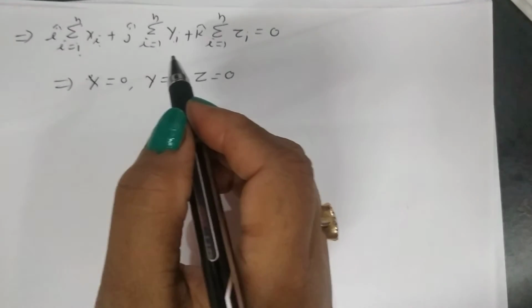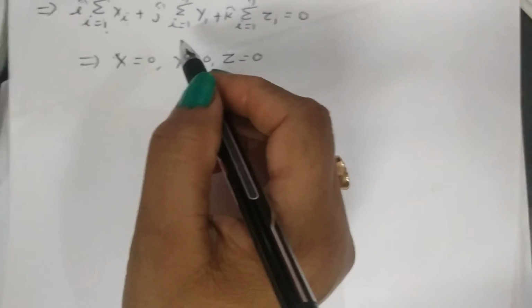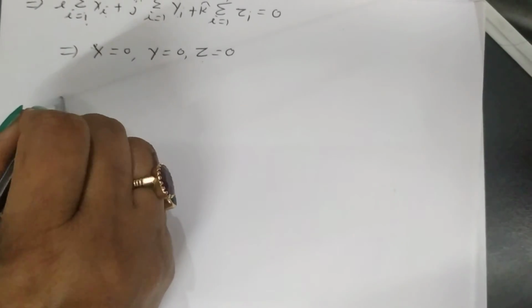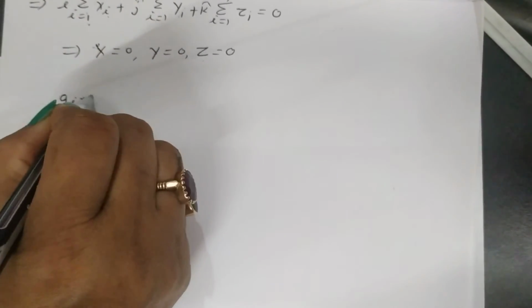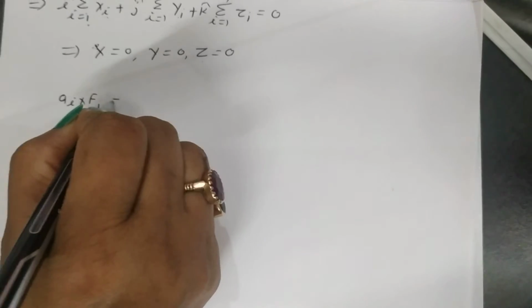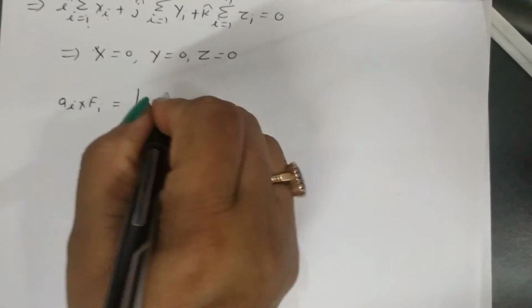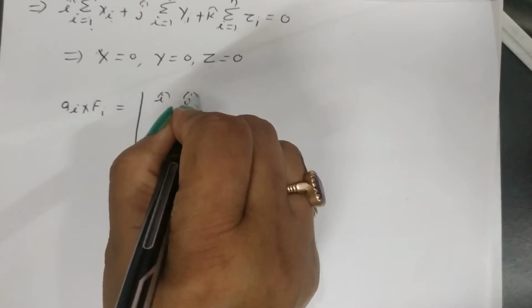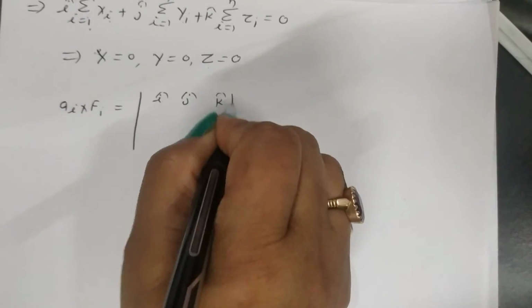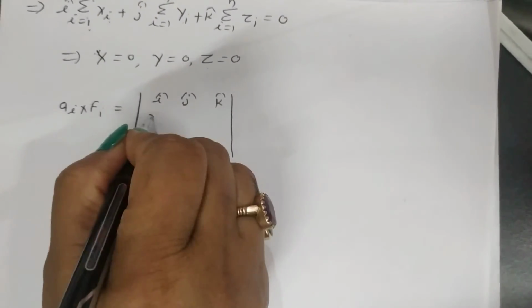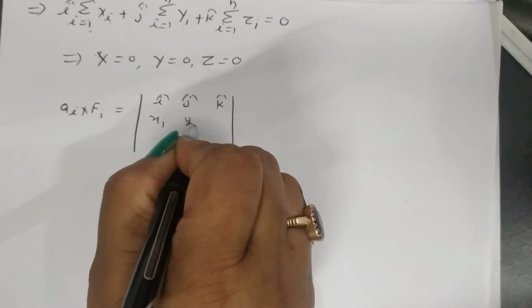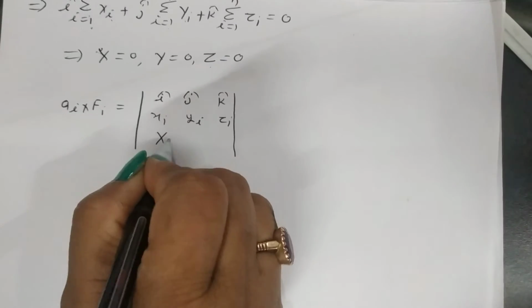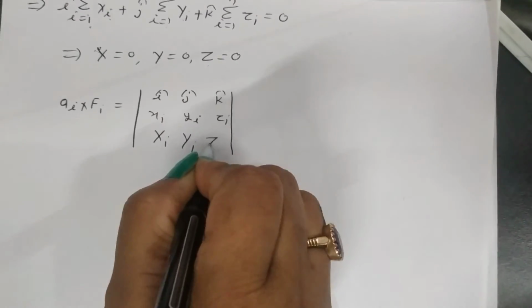Now the product Ai cross Fi can be written as the determinant of i, j, k and xi, yi, zi, xi, yi, zi.